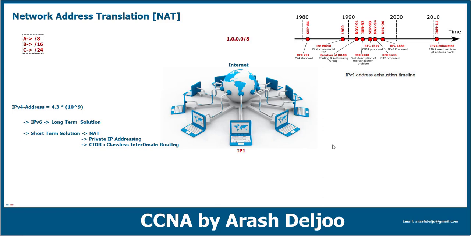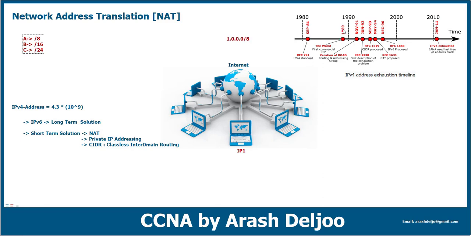Yes, I know that this is more than the need of this company, but in the first days of the network, we didn't have classless addressing. Because of that, in the first days, we used only classful networks. As you can see here, in September 1981, RFC 791 was released, the IPv4 standard.